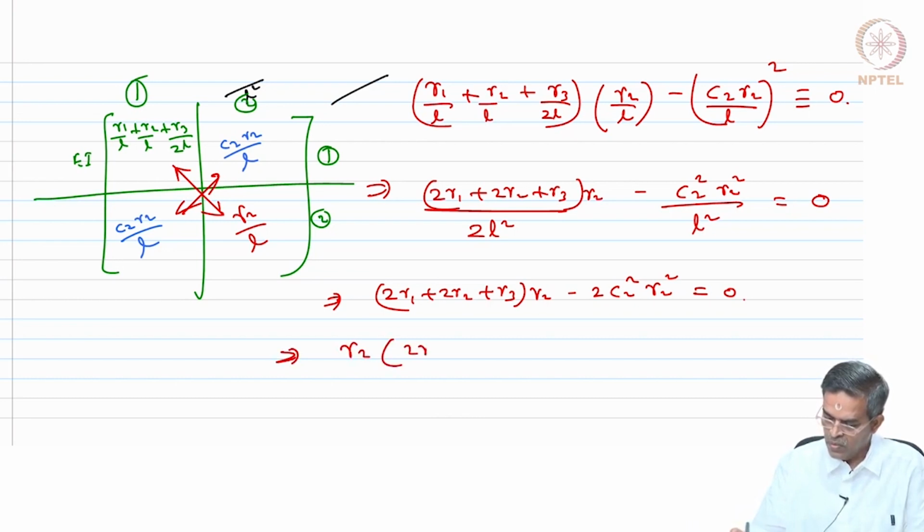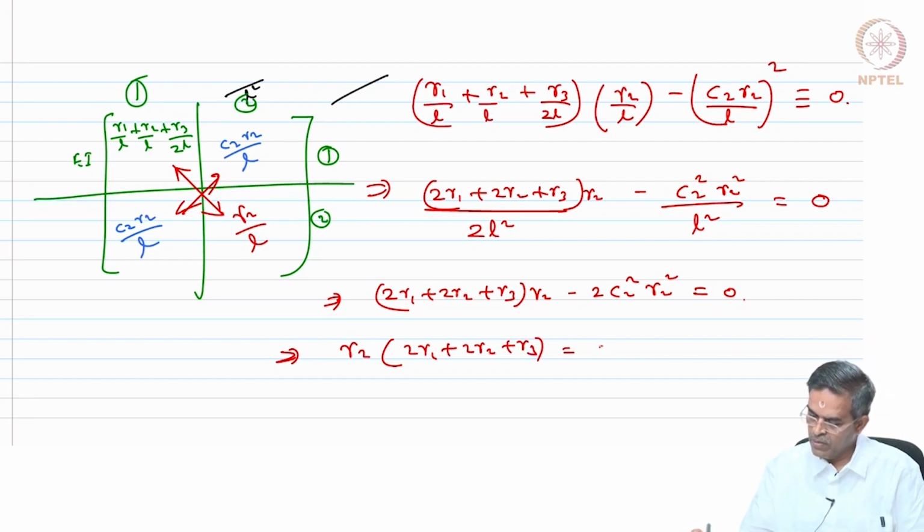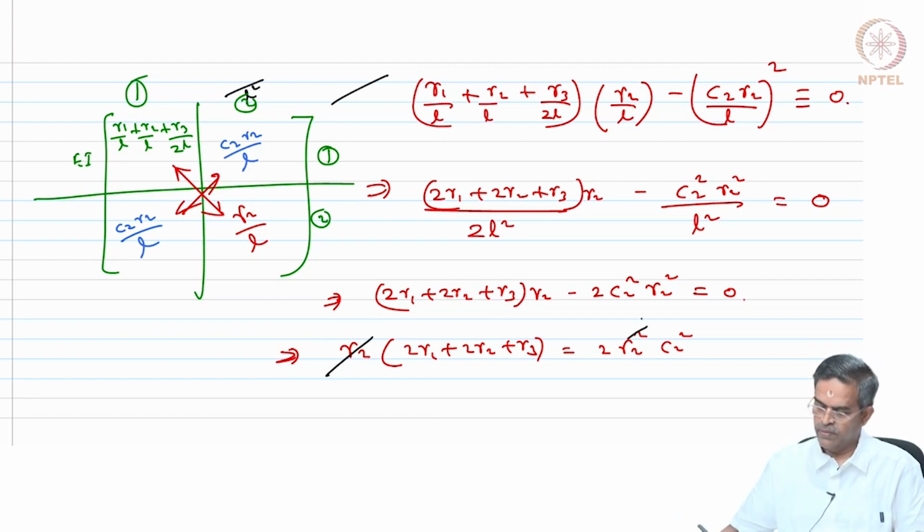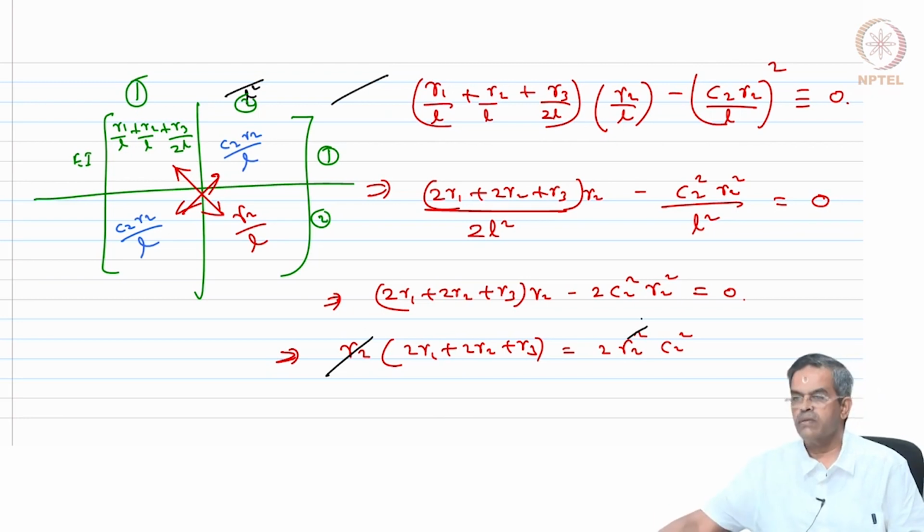R2 times 2R1 plus 2R2 plus R3 is equal to 2R2 square of C2 square. So let us say R2 goes away, okay, R2 goes away.